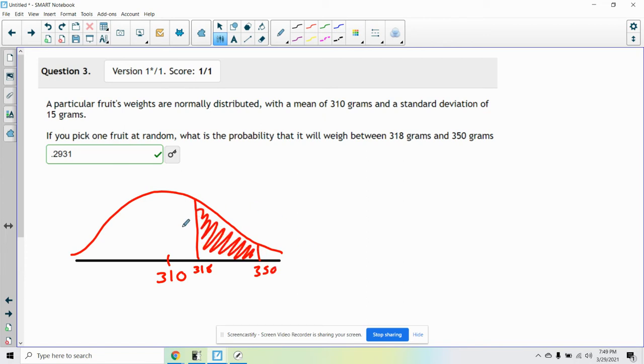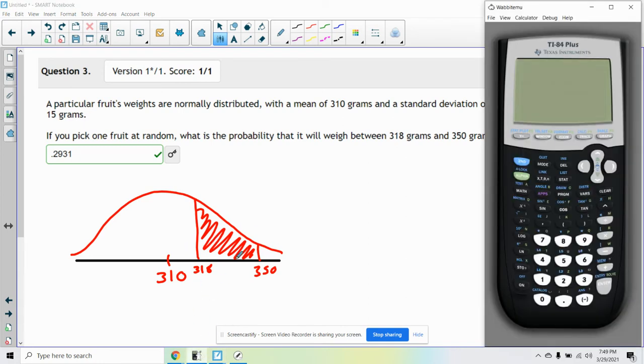Okay, so when you have the X values and you want to find the area, you're going to use the other command. Second, distributions, normal CDF. So I'll hit that. It's going to ask for your lower bound. Well, what's the lower bound? What's the leftmost point I'm looking at? That's going to be 318. I'll plug in 318. My upper bound, that's going to be 350.